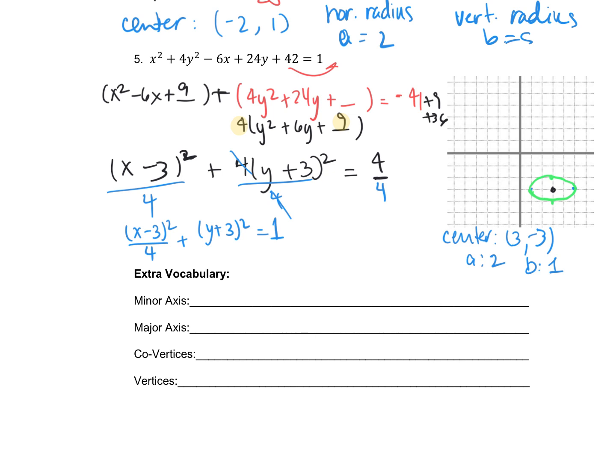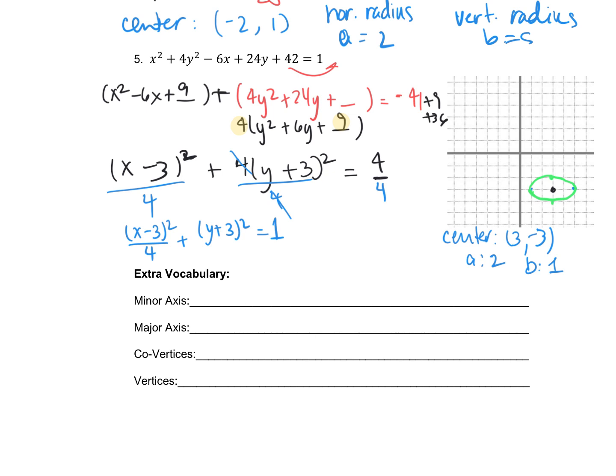Okay, so we've been calling these radiuses horizontal and vertical radiuses with air quotes, I should say. So they actually have names for them. So our first one is the minor axis, okay?